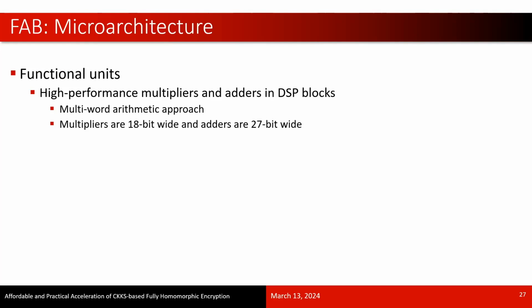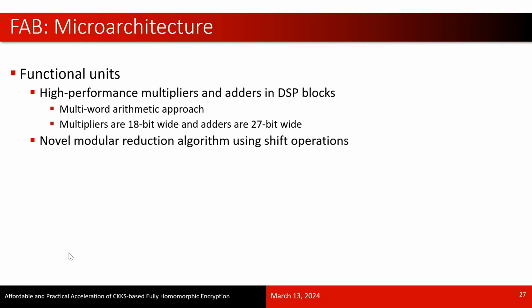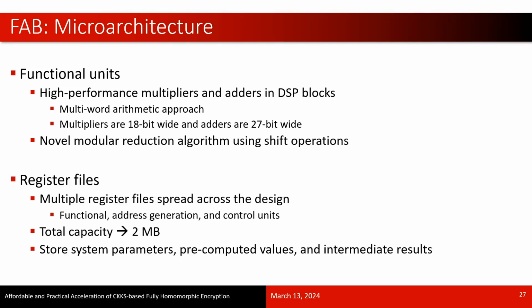FAB efficiently utilizes these functional units through fine-grained pipelining and by issuing multiple scalar operations in a single cycle. Then FAB also makes use of a novel modular reduction algorithm, which, unlike other modular reduction algorithms, avoids performing any multiplications. Instead, it just uses shift operations, making the modular reduction operation very resource efficient.